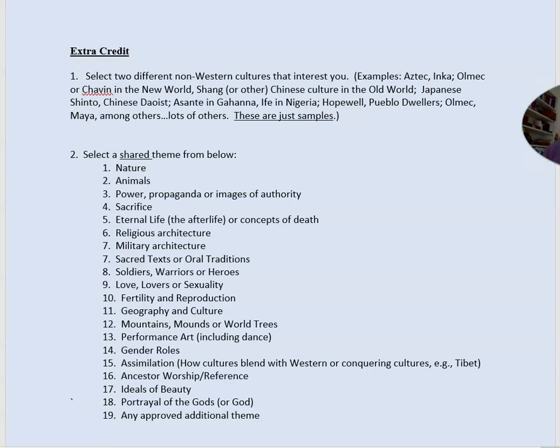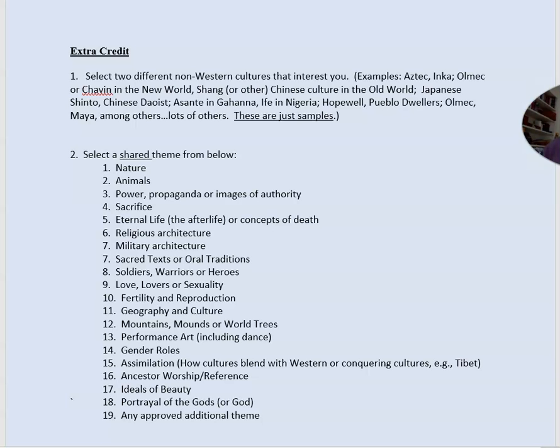And once you have your 2 cultures, any cultures that interest you, then you should select a shared theme from the list below. And the reason that I like this assignment is it gets people to think about universal themes that are shared by cultures across the globe from 30,000 BC to the present.